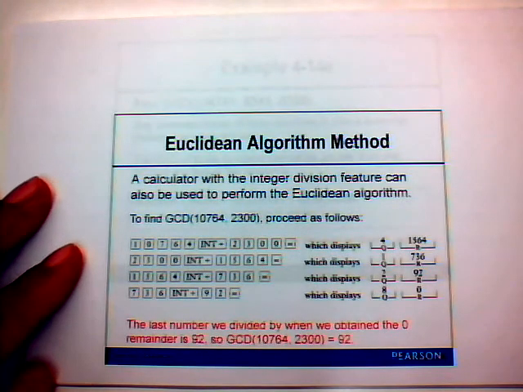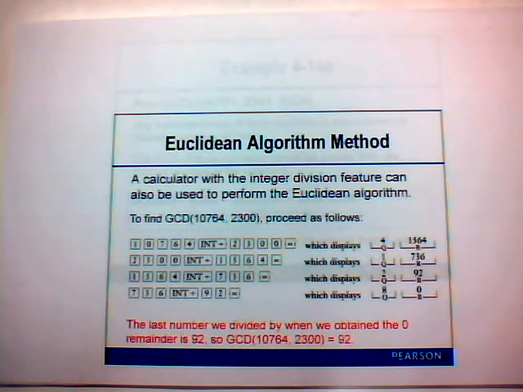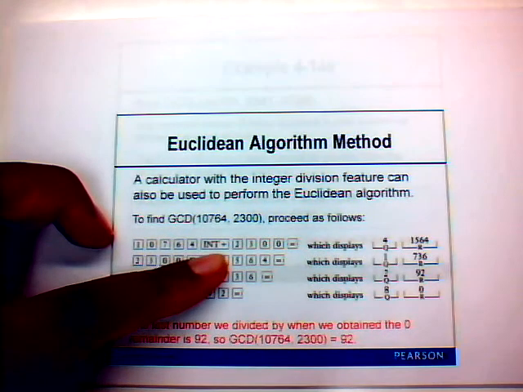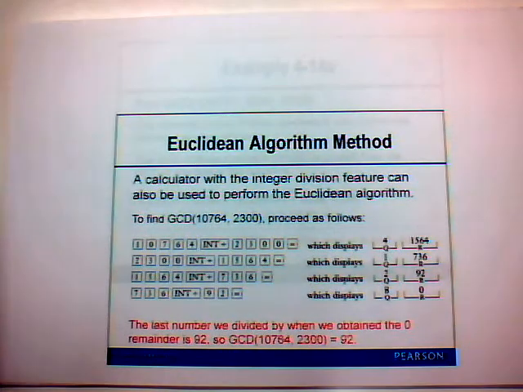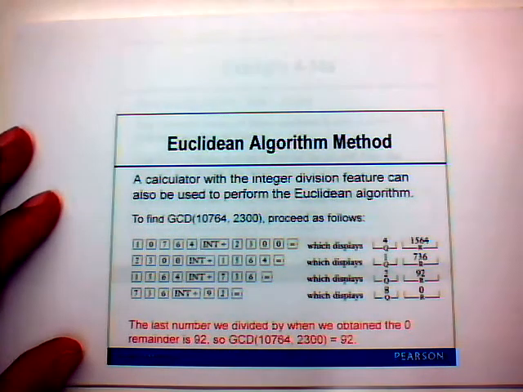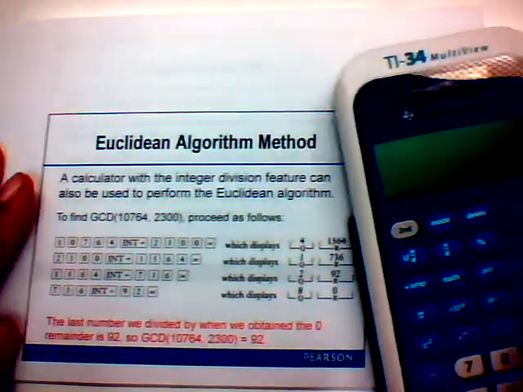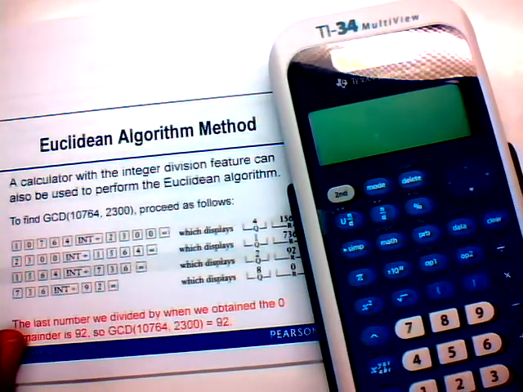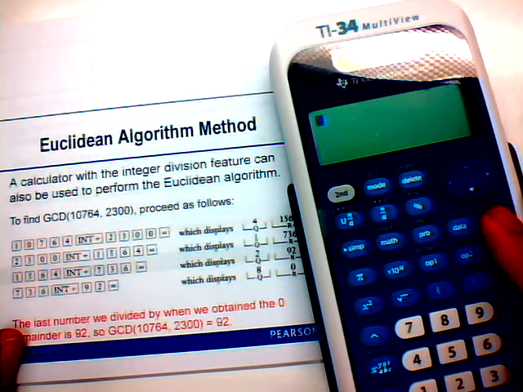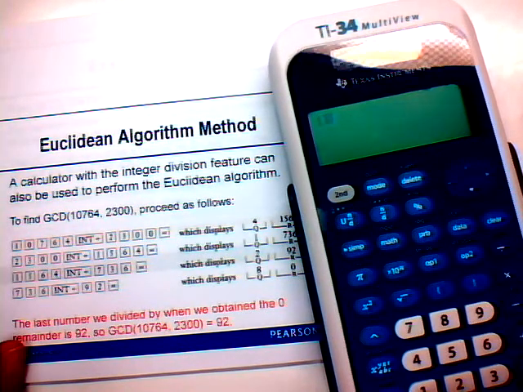Also, we can use the calculator to find the GCD using that Euclidean algorithm method. And this time you use the button that says integer division, because it will give you the quotient and the remainder. So in this case, we're going to follow along here, and I'll clear this out. 10,764.